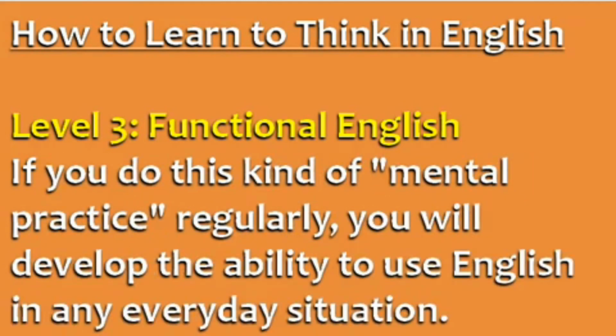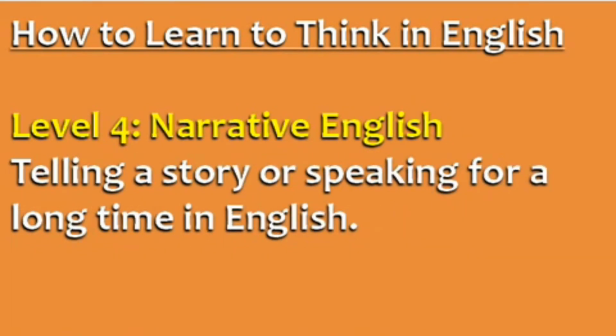If you do this kind of mental practice regularly, you will develop the ability to use English in any everyday situation. Level 4 is narrative English, telling a story or speaking for a long time in English.